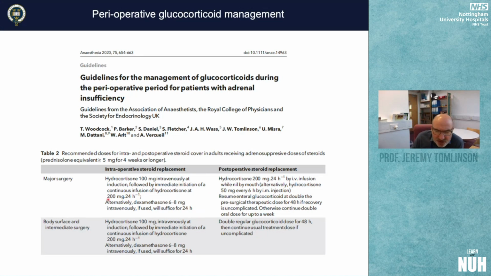The patients would be given 100 milligrams at the induction of anaesthesia, and then 200 milligrams over 24 hours, which we were slightly relaxed about: yes, you could use an infusion, but there were other alternatives, and you could use 50 milligrams 6 hourly if an infusion wasn't deemed to be practicable. And again, similar sorts of things for other surgery requiring general anaesthesia.